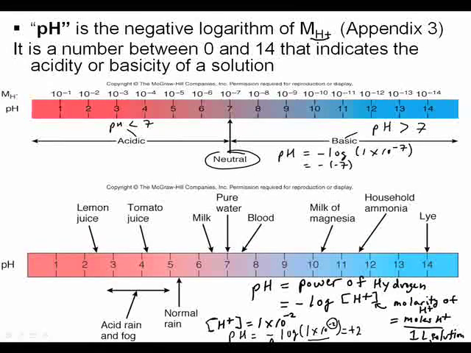What if we don't have a simple integer of 1 times a 10 power? Okay. So what would be, for example, the log of 18?